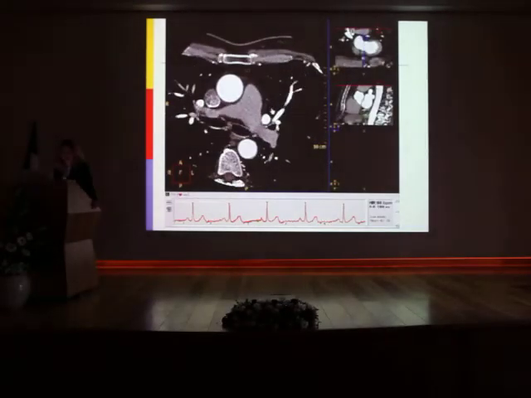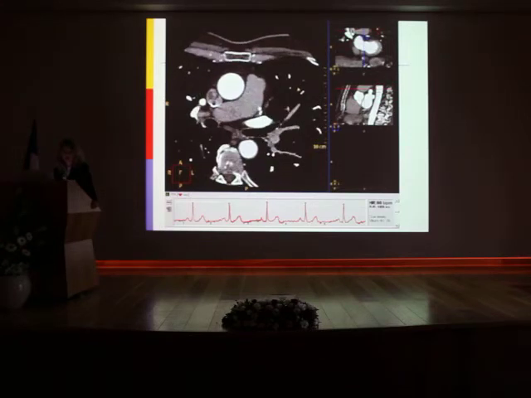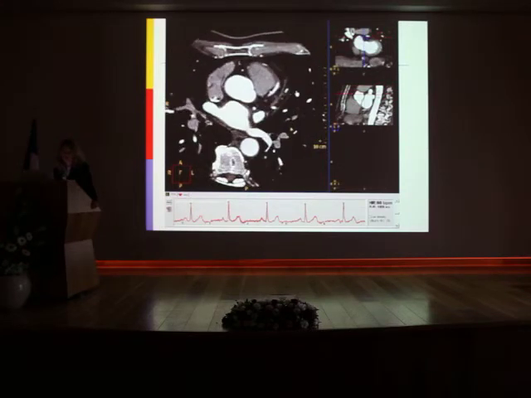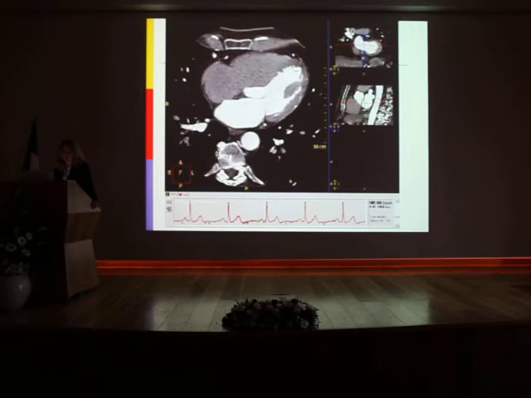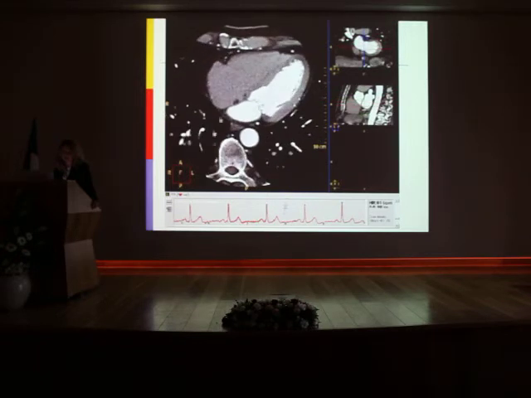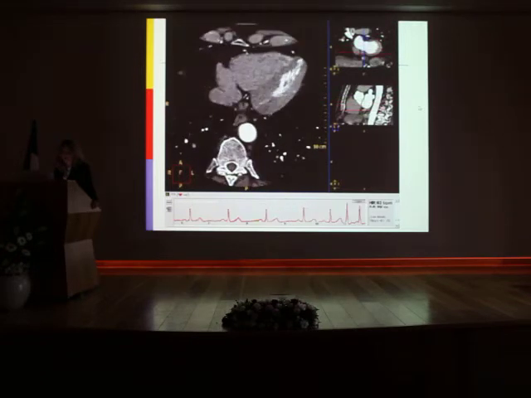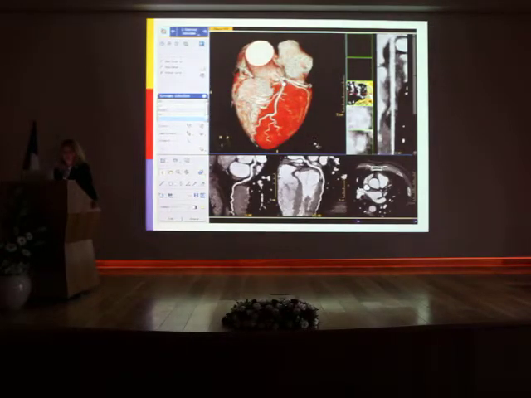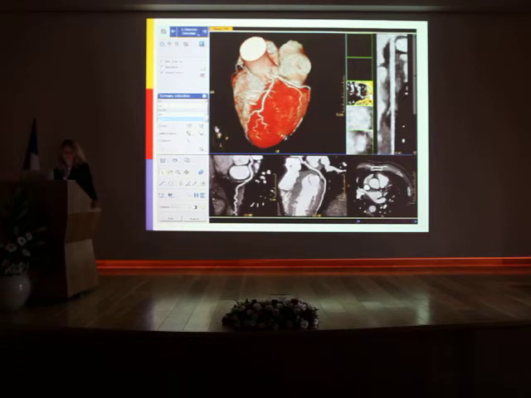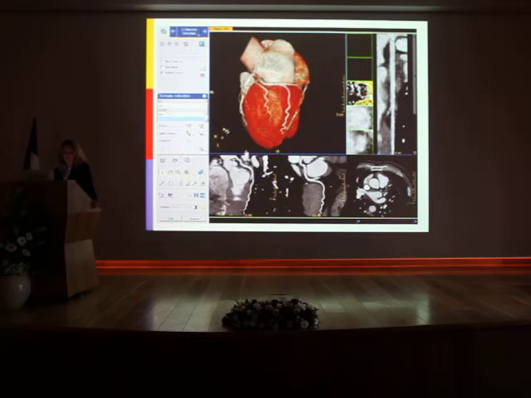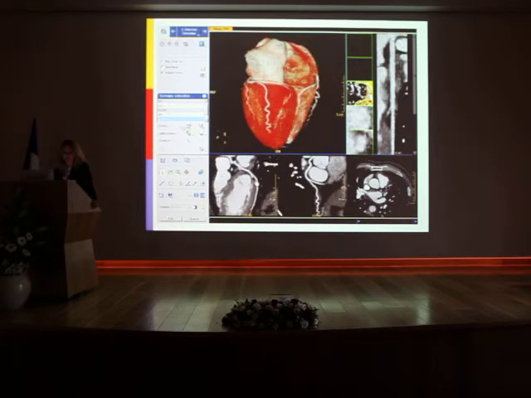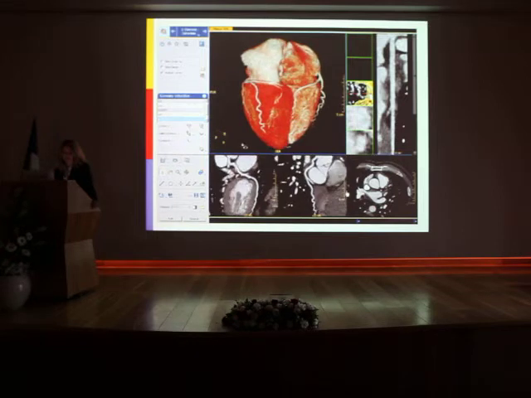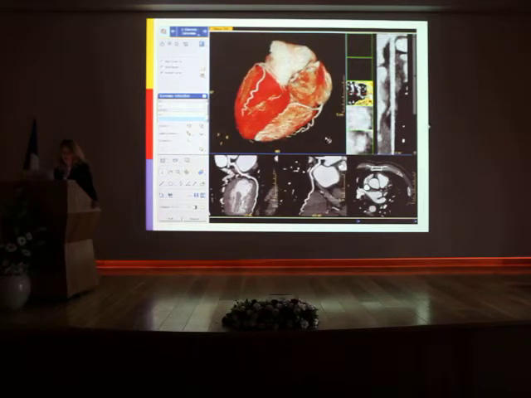This is how the actual acquisition looks in the axial view. You can see how tiny the coronary arteries are, and this is also the time it takes for this acquisition. Then we transfer the data for post-processing, for three-dimensional reformations and curved multiplanar reformations of each coronary artery itself, looking for eccentric plaques.